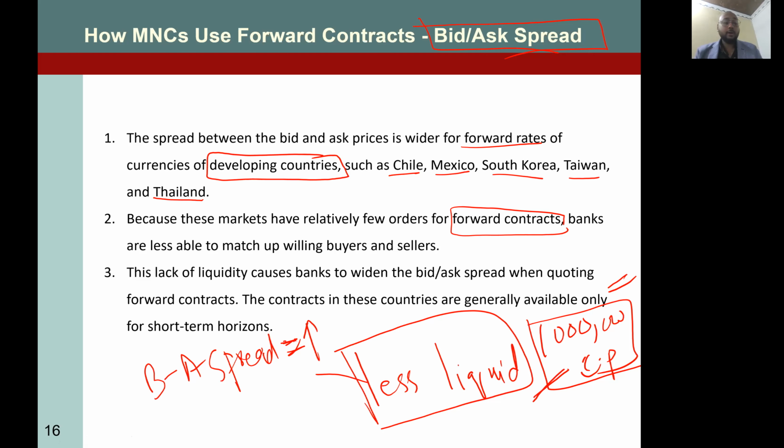So you enter into a contract with the bank to gather the Chilean pesos for you, but at a specified rate, and that rate is going to be the forward rate, so that the bank will not exploit you.